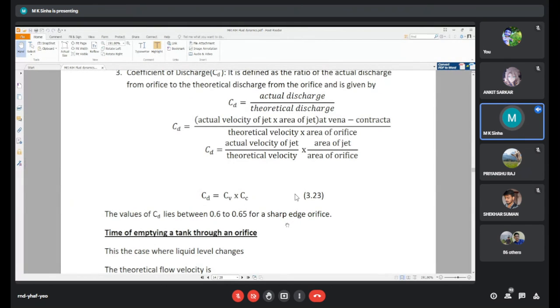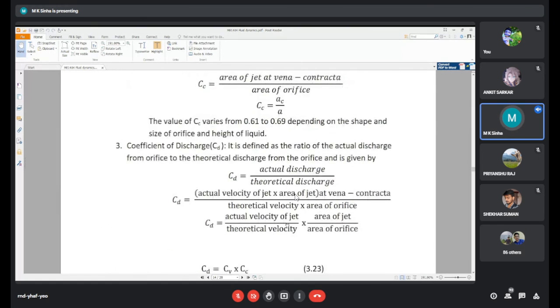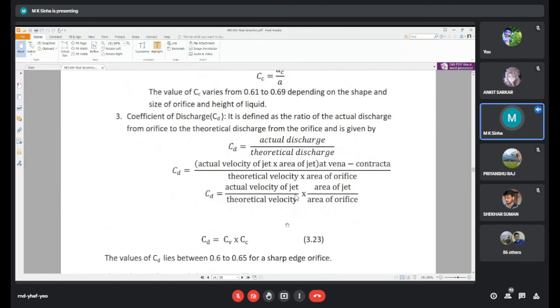So the lowest is the coefficient of discharge, the highest is the coefficient of velocity, and the coefficient of contraction lies between these two. Out of these, the coefficient of discharge is minimum and the coefficient of velocity is maximum.